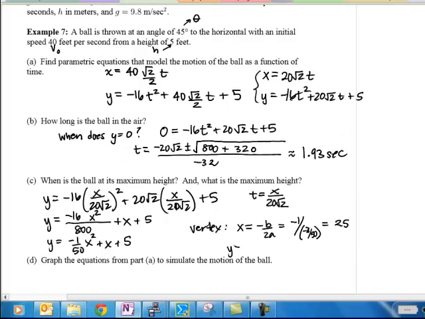And y would be negative 1/50th times 25 squared plus 25 plus 5.